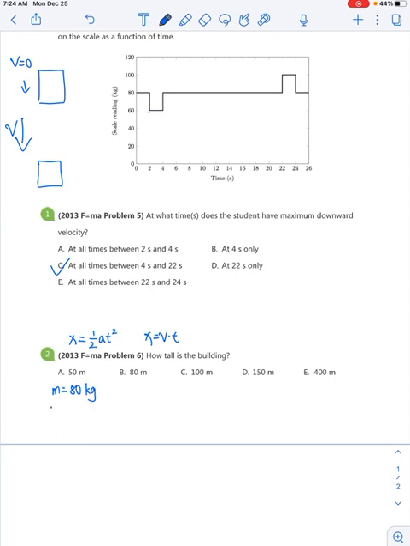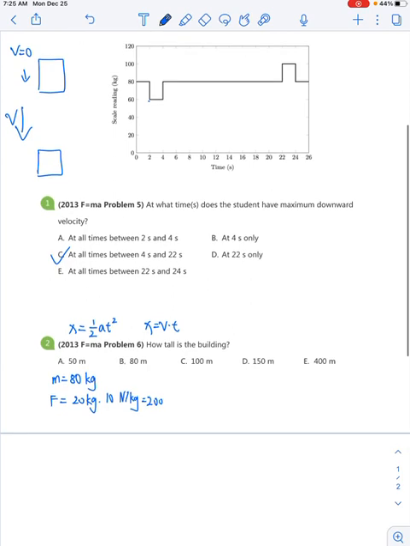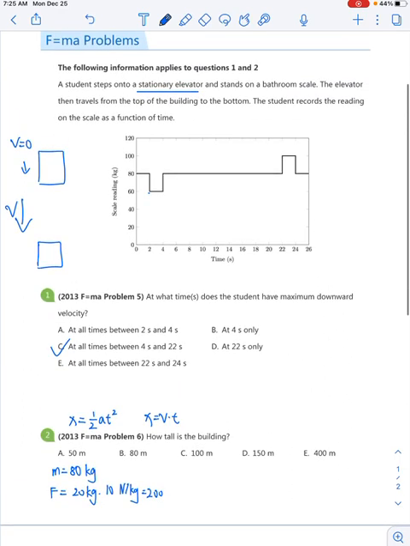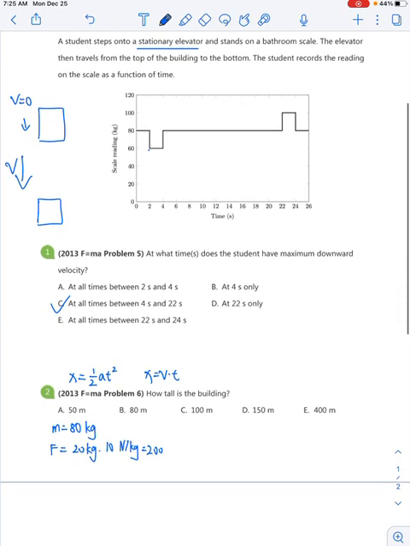So we can also figure out the force. It's going to be 20 kilograms multiplied by the gravitational acceleration, which will be 10. And this will be 200. So we know that the force exerted on this person will be 200 newtons.